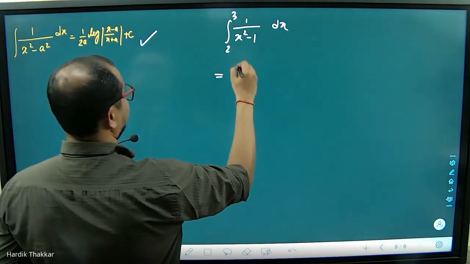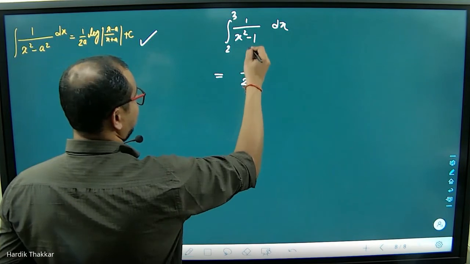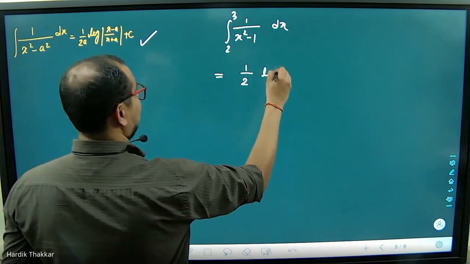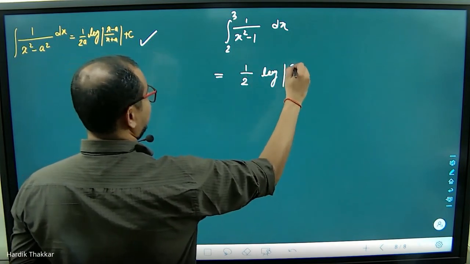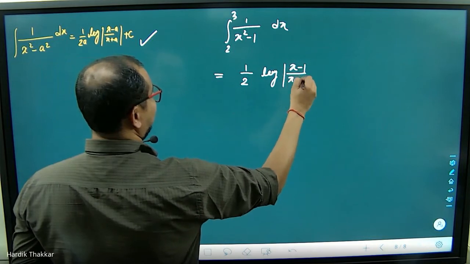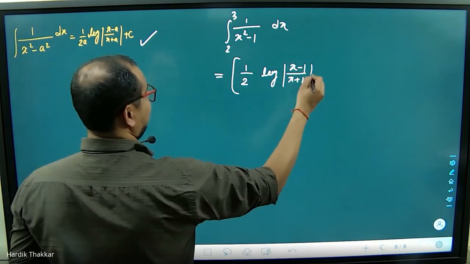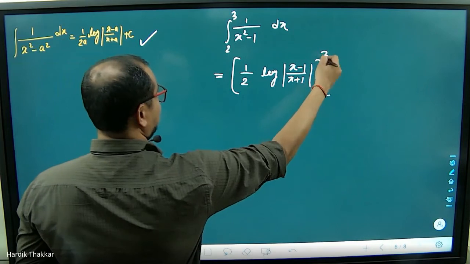So integration will be 1 upon 2a. Here a is 1. It will be log of x minus a, so it is x minus 1 divided by x plus 1, and the limits are from 2 to 3. Now apply the limit.